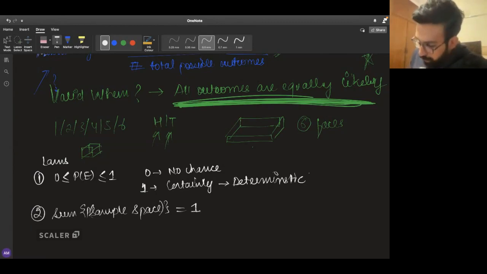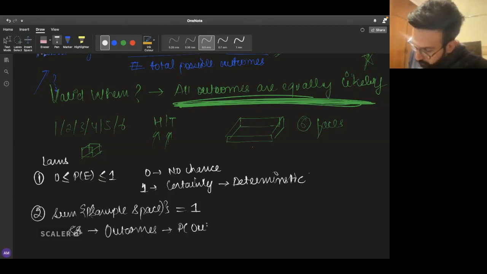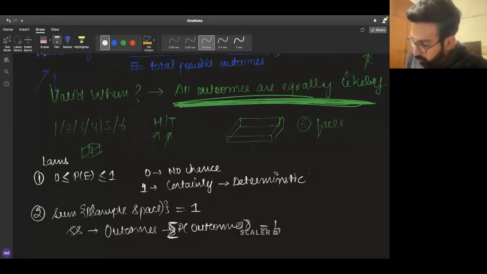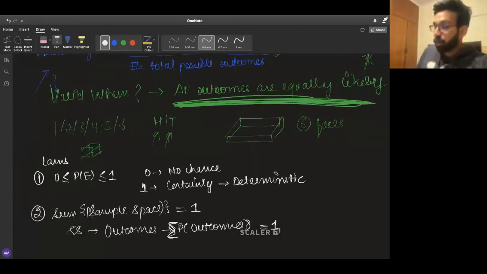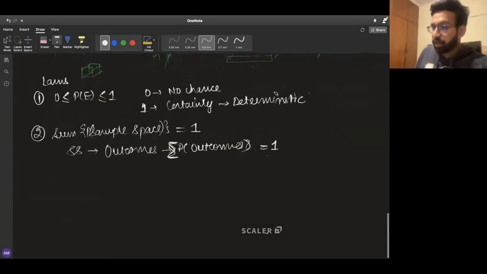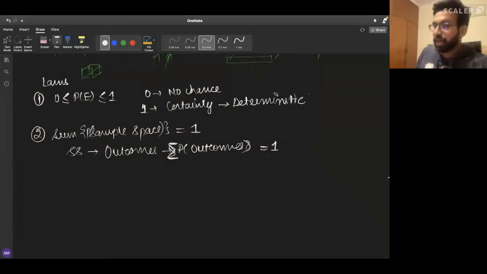So you have all possible outcomes and their probabilities. If you sum them, this would be equal to 1. So these are the two basic laws of probability, and I think pretty much everyone knows this, I am just covering it out of formality.